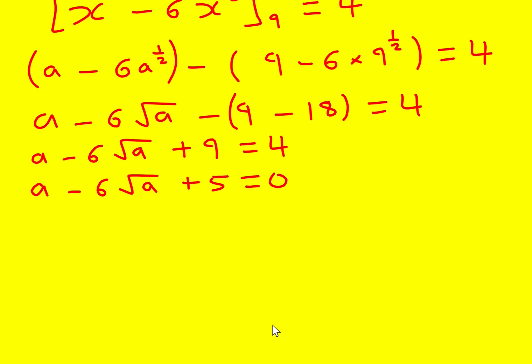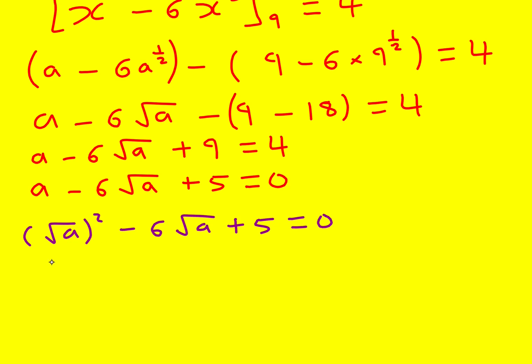Okay, there we go. This is in fact a hidden quadratic, because what I have essentially is root a squared minus 6 root a plus 5 equals 0.